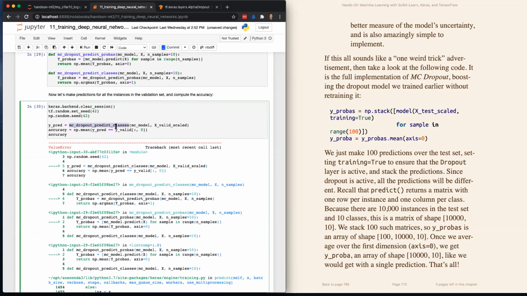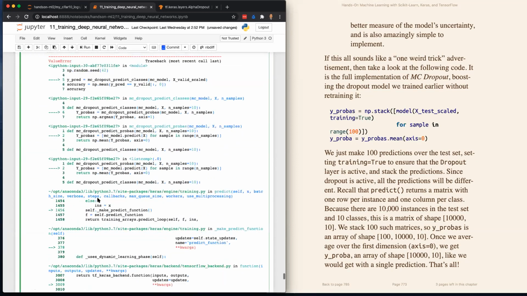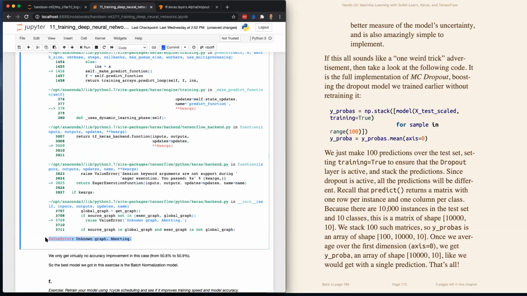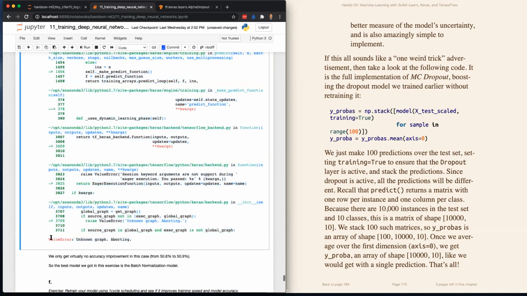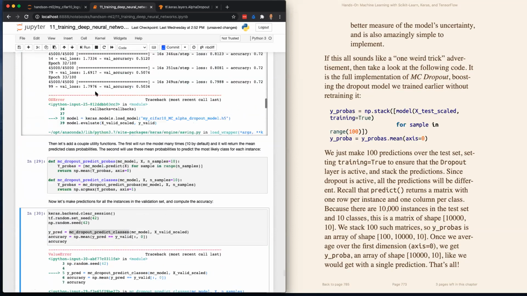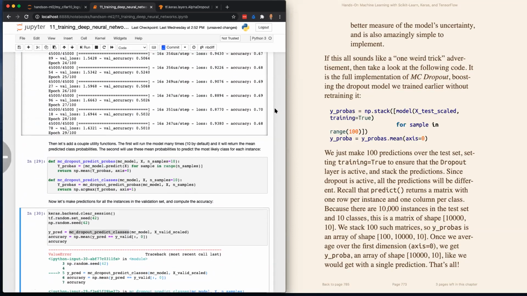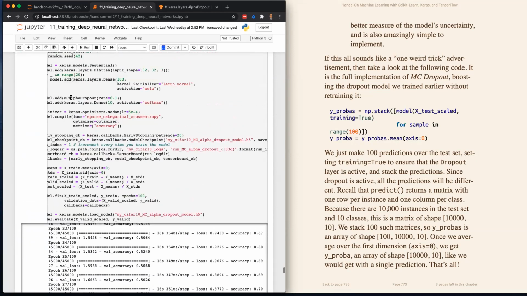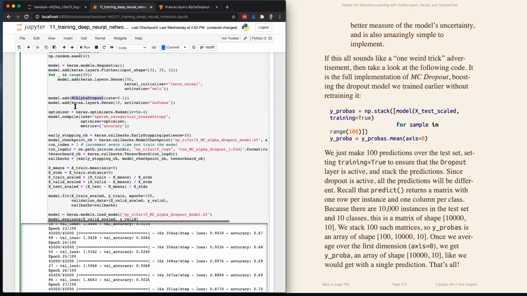However, when I try to do it, I got this error. It says unknown graph, so I was not sure. I thought maybe once you have this MC, sorry about the scrolling, let me go up. I thought when you create a dropout, you need to train a model again. So that's why I said, okay, I'm going to try retraining with this.